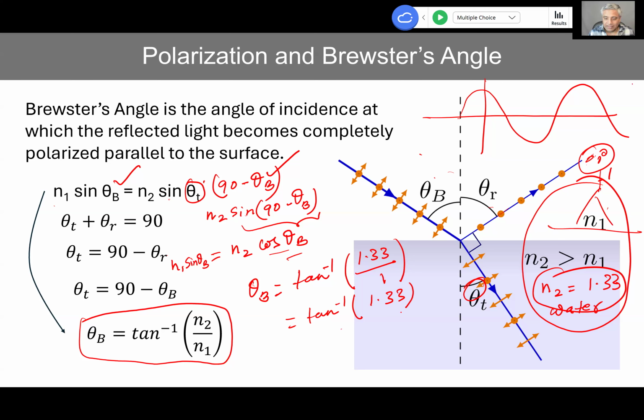If you have a calculator handy, can you calculate that and type it in the chat, please? I'm expecting this number to be bigger than 45 degrees. And I see there is a direct message that says 53.1.